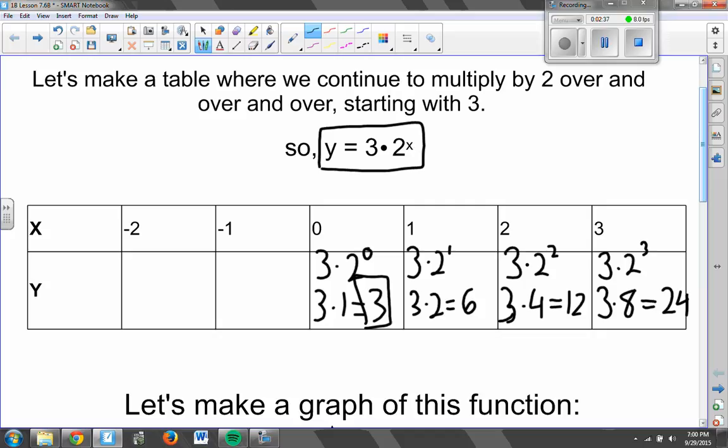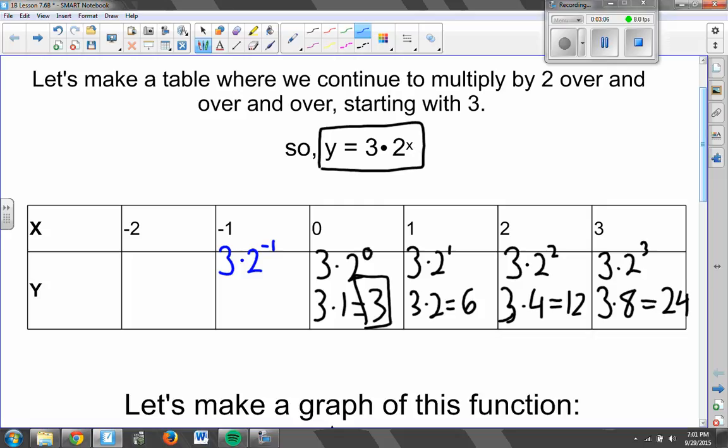Now, if I go in the negative direction, what happens? What changes here? Well, if x is equal to negative 1, then I have my y value equal to 3 times 2 to the negative 1 power. Now, when we see that negative in the exponent, remember that that flips down and becomes the bottom of a fraction.